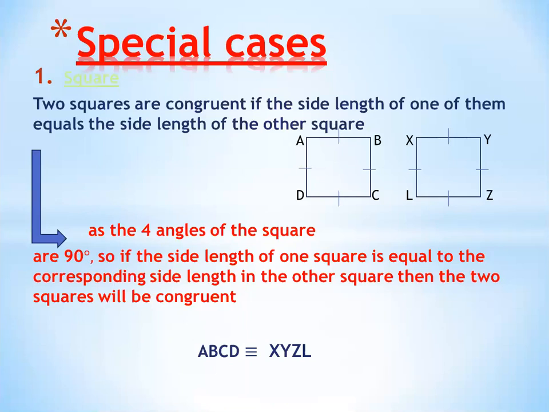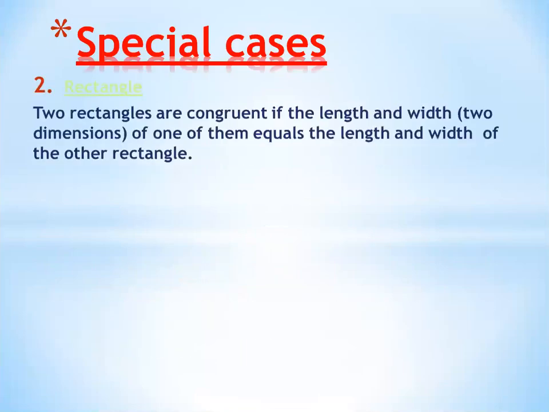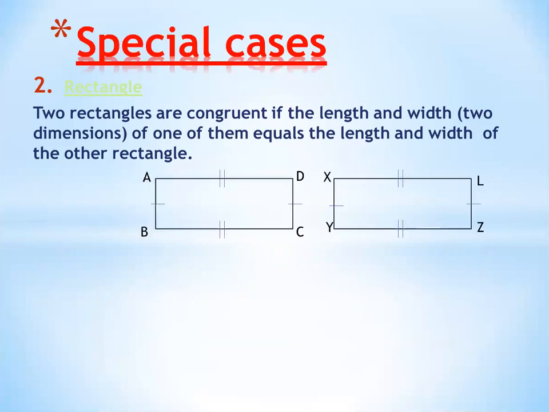Let's check the second special case, which is the rectangle. Two rectangles are congruent if the length and width, which are the two dimensions, of one of them equal the length and width of the other rectangle. Here I have ABCD and XYZL. As we know before, each two opposite sides are equal in length.